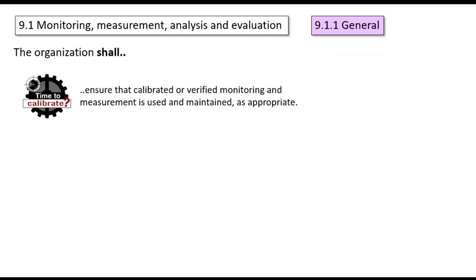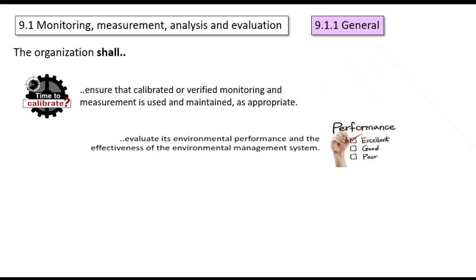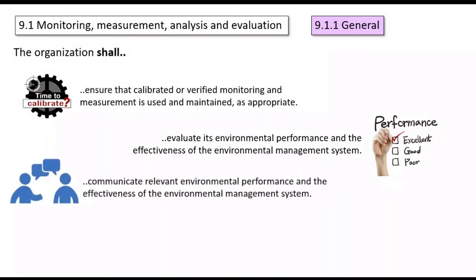Okay, to ensure you get precise and valid data, so that you can get what are called meaningful data, so that you can evaluate your environmental performance. So you can measure the effectiveness of the environmental management system.